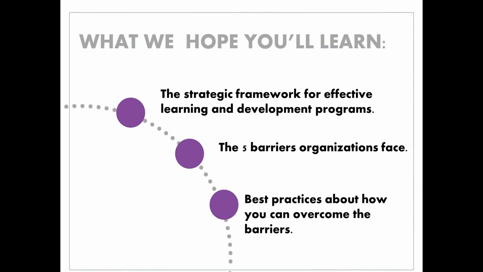First, the strategic framework for effective learning and development programs. This is really important because we need to understand where and how effective learning and development programs reside in organizations, because then the 5 barriers that we're going to talk about will make a lot more sense.